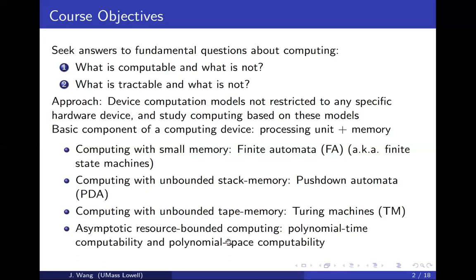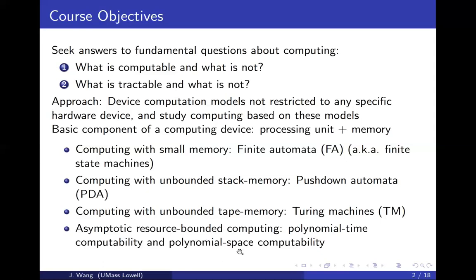And after that, we are going to look at resource-bounded computing, or asymptotic resource-bounded computing. In particular, these resources are time and space. Okay, so for efficiency, we want to have polynomial time computable problems.